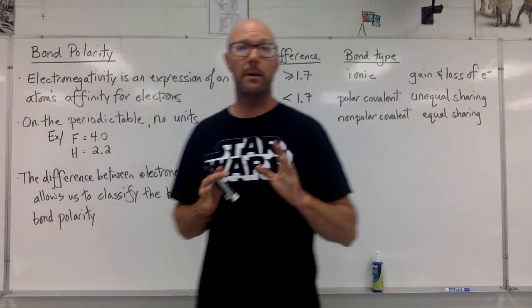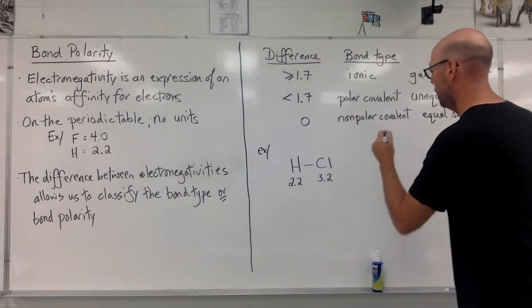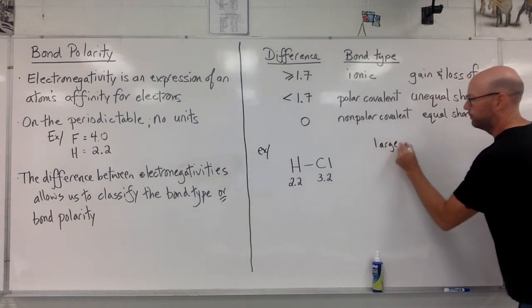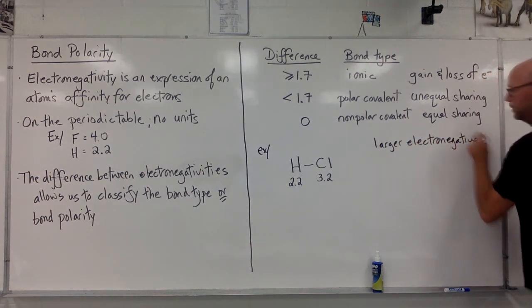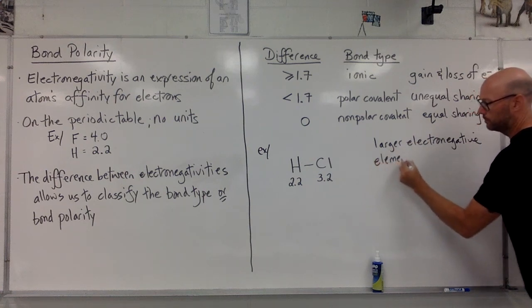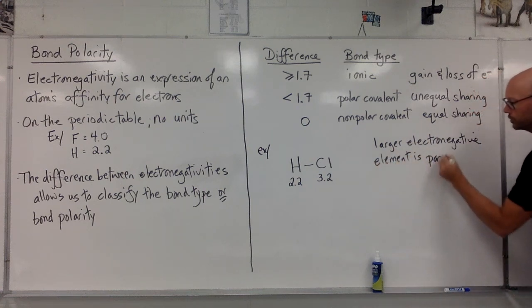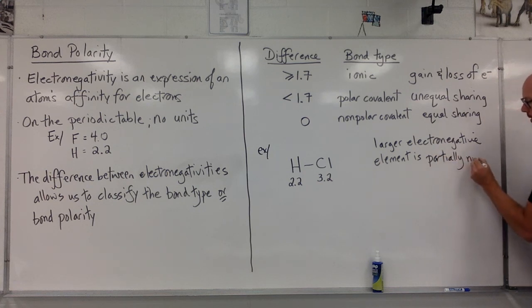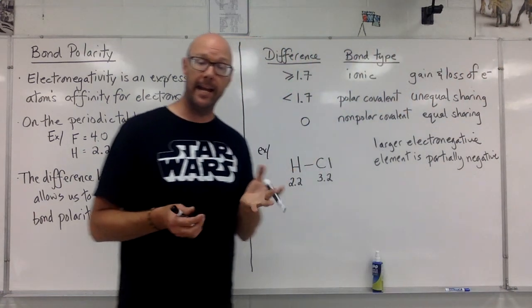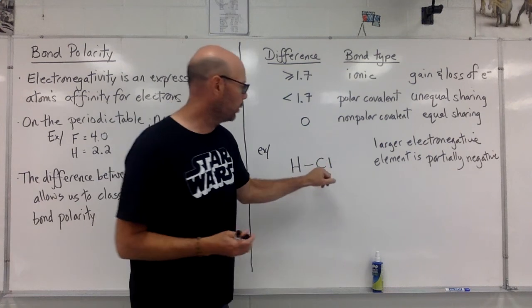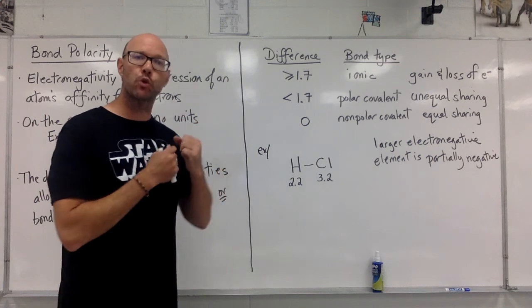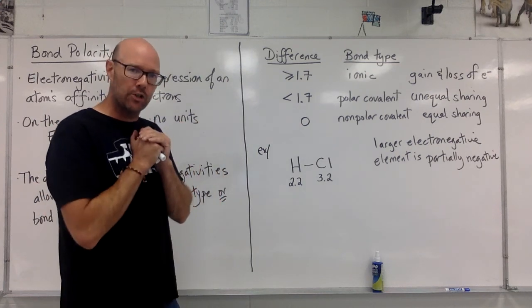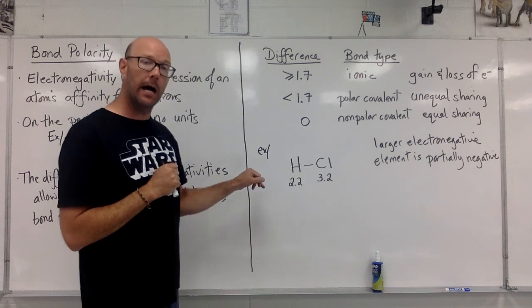Because of this, we have some new notation. The larger electronegative element is partially negative. Electrons are negatively charged, and the chlorine is keeping them more of the time. It doesn't always have them, so it doesn't take on a true negative charge. It didn't take the electrons and keep them. It's passing them back to the hydrogen sometimes.